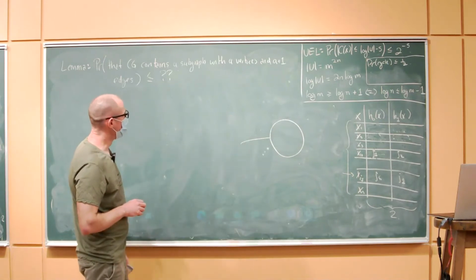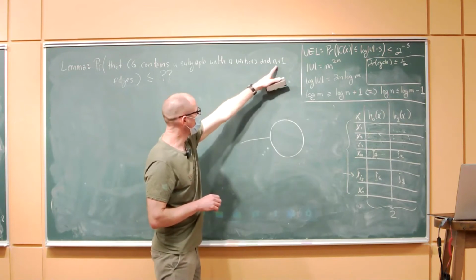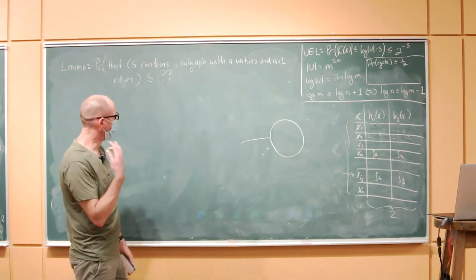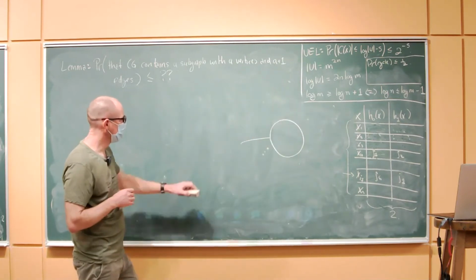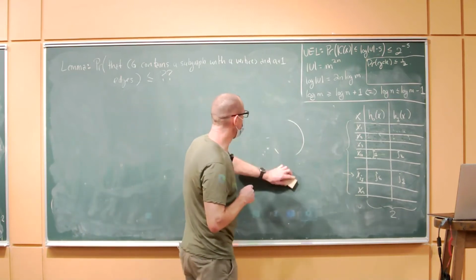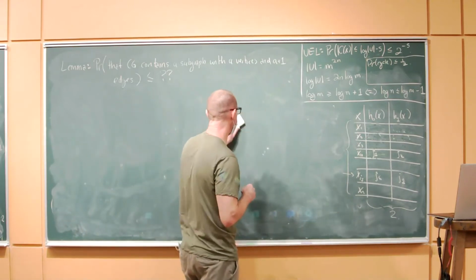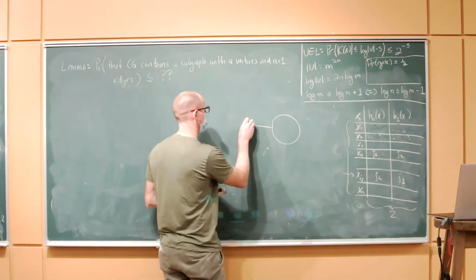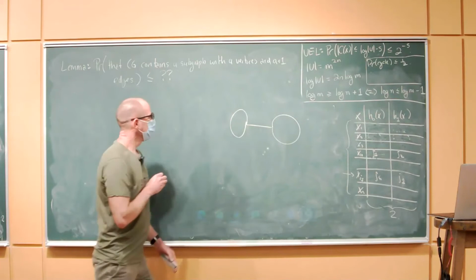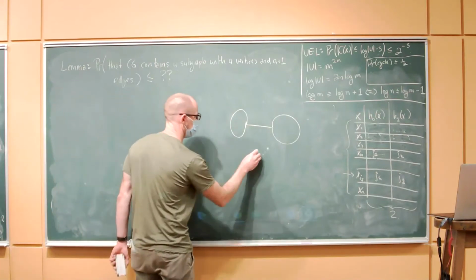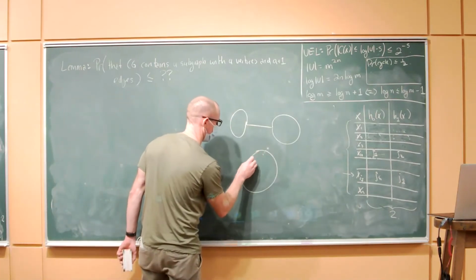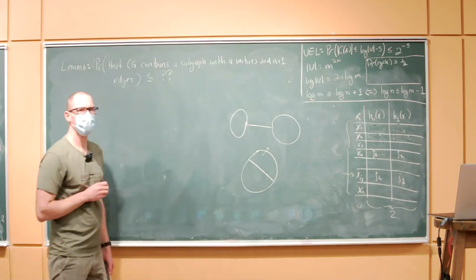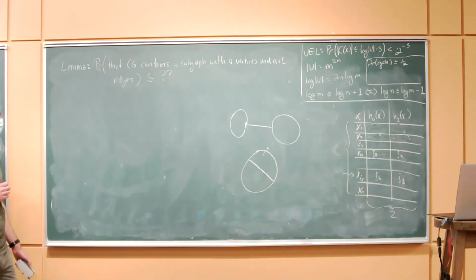But now if I have one more edge than vertices, there's only two kinds of graphs you can get this way, and they look like this. The dumbbell or the theta.